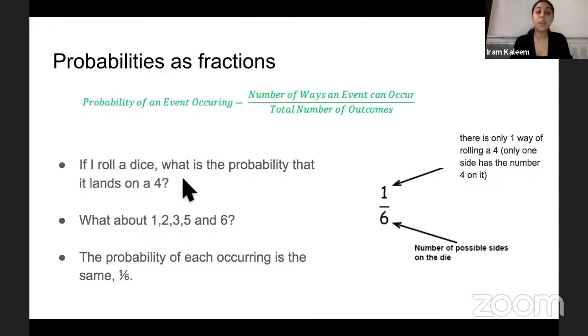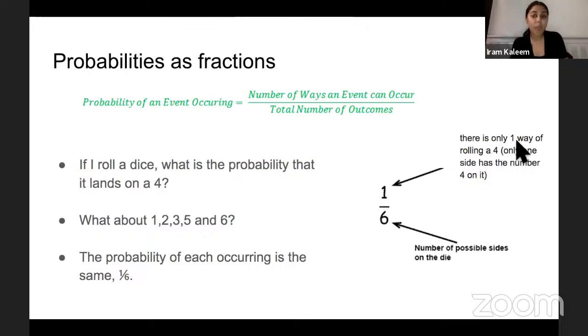So remember, we looked at the example of a dice. If you roll a dice, what is the probability that it lands on a 4? What about 1, 2, 3, 5, and 6? Well, we said that the probability of landing on any of these numbers on a dice is 1/6, because at the top we've got the number of ways the event can occur. So let's say we're rolling a 4.